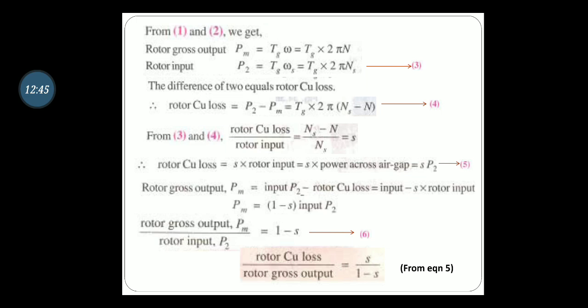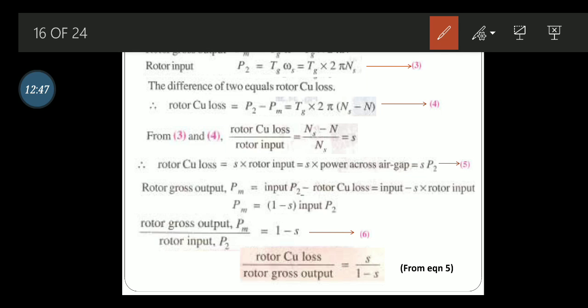That is, rotor copper loss is equal to P2 minus PM, where P2 is the rotor input and PM is the gross mechanical power developed by the rotor. Substituting the values of P2 and PM, you get Tg into 2 pi into (ns minus n). Call this equation number 4.